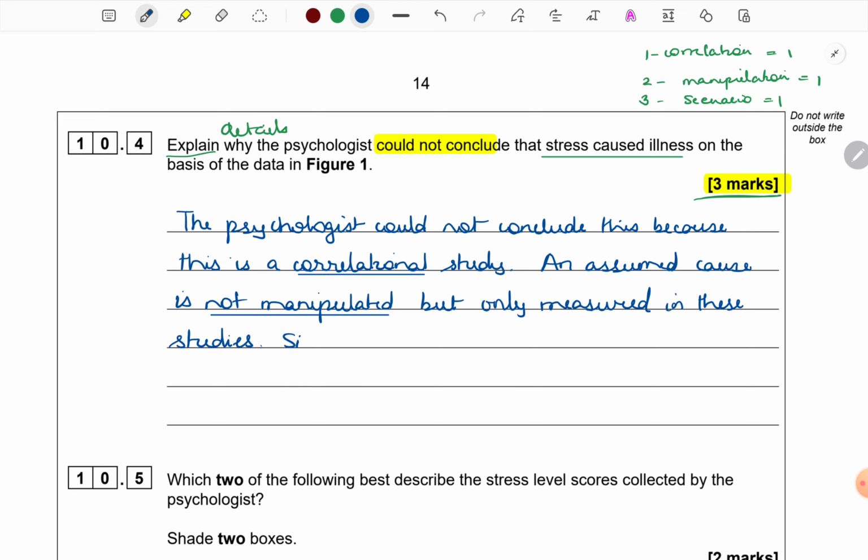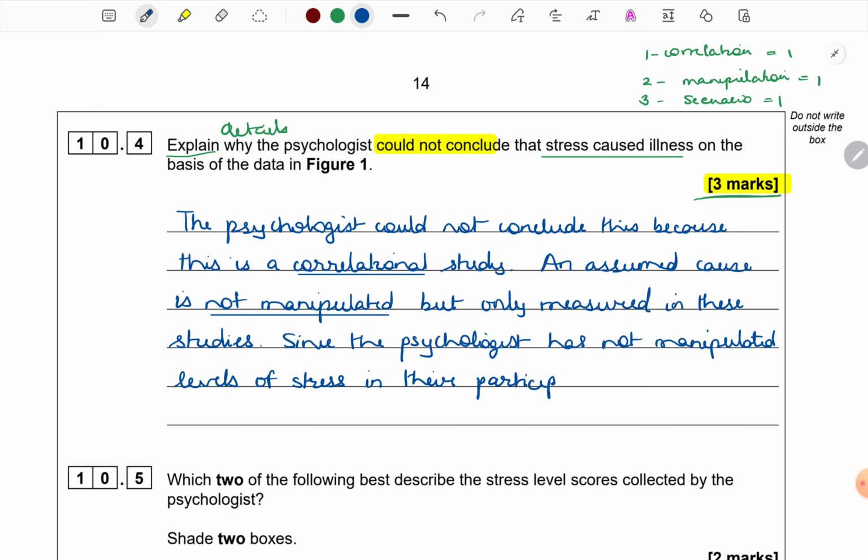Since the researcher has not manipulated levels of stress in their participants, they cannot conclude that stress causes illness.